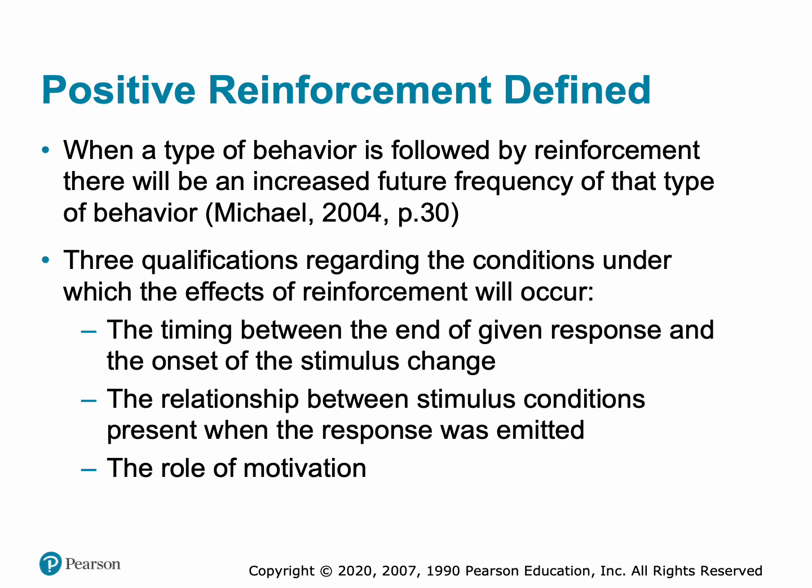We also need to look at the relationship between the stimulus conditions that are present when the response was emitted. And then finally, we are going to be looking at the role of motivation, because motivation plays a very big role on whether or not something functions as a reinforcer. Right, so these are some of the things that we're going to be looking at throughout this lecture.